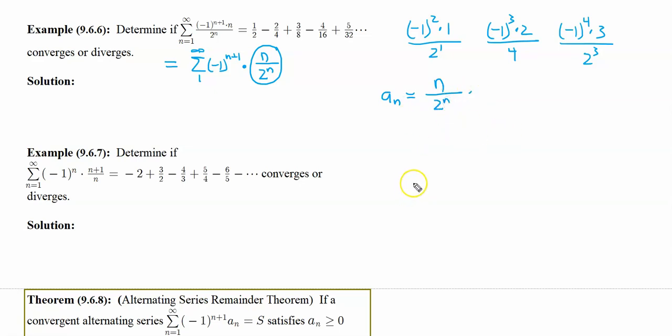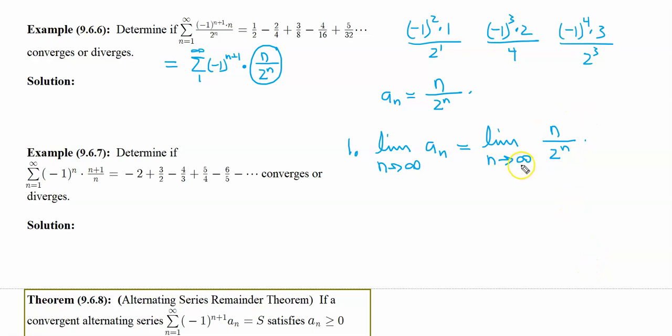Now let's determine if the two conditions of the alternating series test are met. Well, if we look at the limit of our a_n terms, we have to do that one first. Okay, so we have to evaluate this limit.